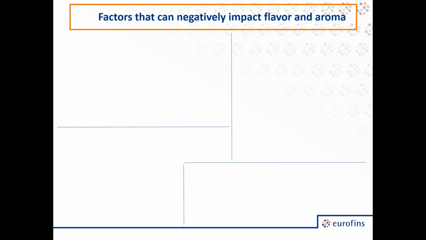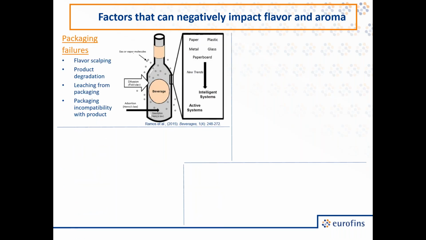There are a number of factors that can negatively impact product flavor and aroma, so I'm just going to go into a few of the major classes of these factors. The first one I want to talk about is packaging failures, and this can come in a variety of forms. One of these is flavor scalping. In flavor scalping, the packaging absorbs flavor compounds from the product over time.